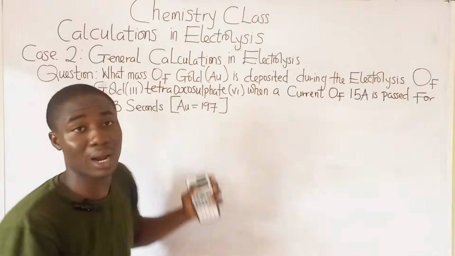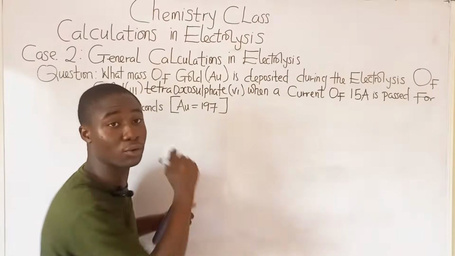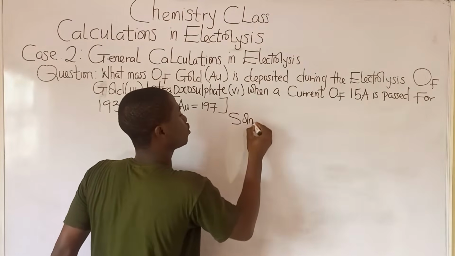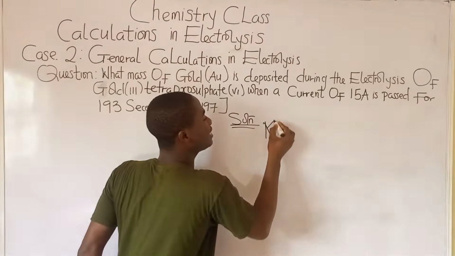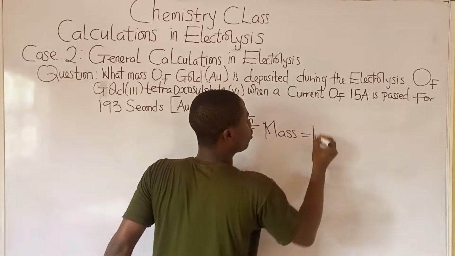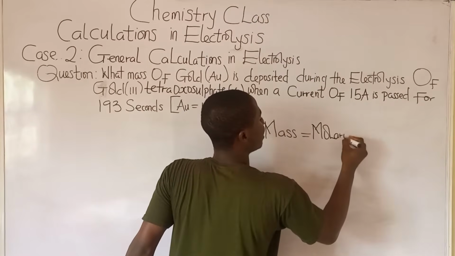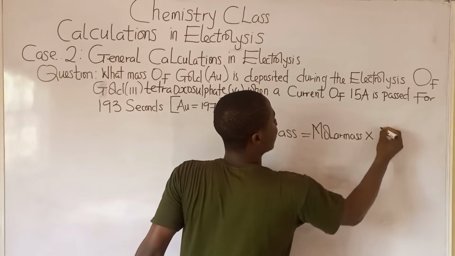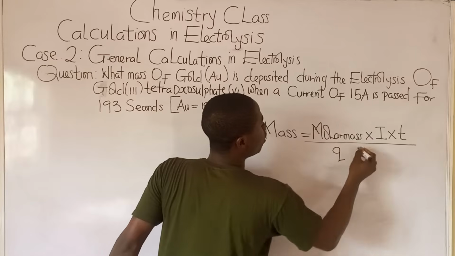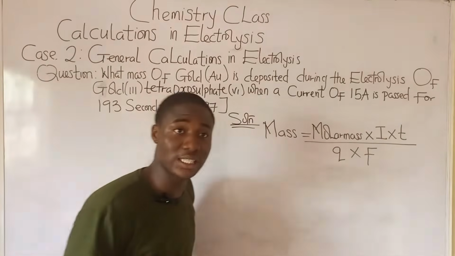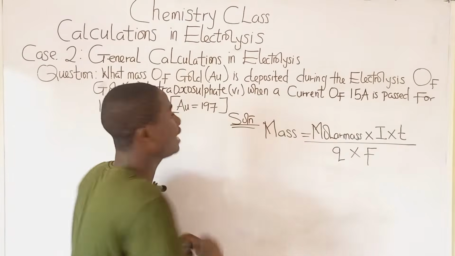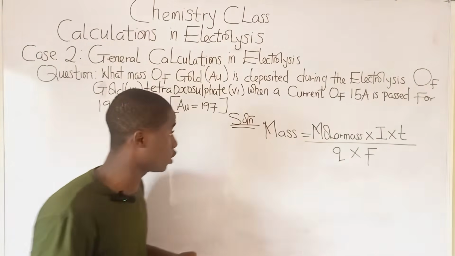We're going to use the general calculations seen in electrolysis, and I'm going to write the formula here. This is the formula that must be noted when solving questions of this sort. Since they're asking us to get mass, the formula starts with mass, which is equal to molar mass times I times T over Q times F. So this is the formula used to solve general calculation questions in electrolysis, and we'll be solving this question together.